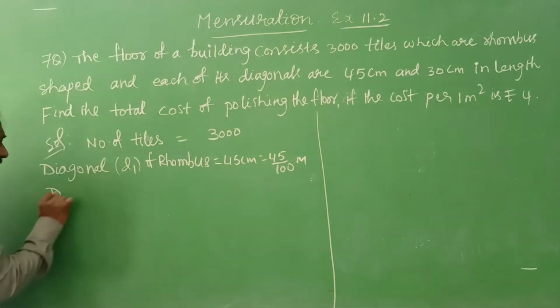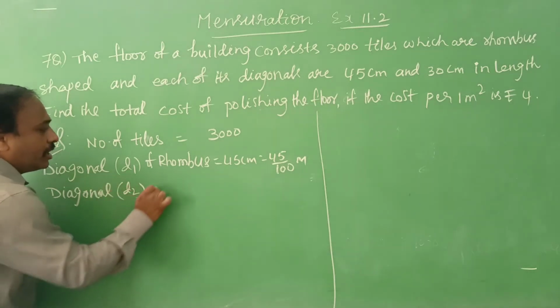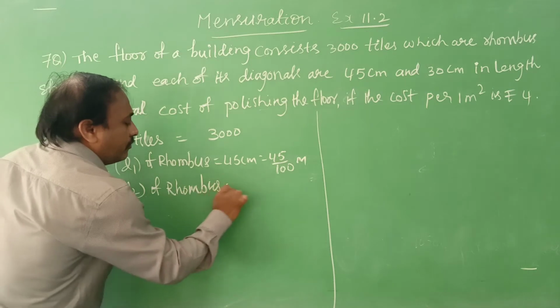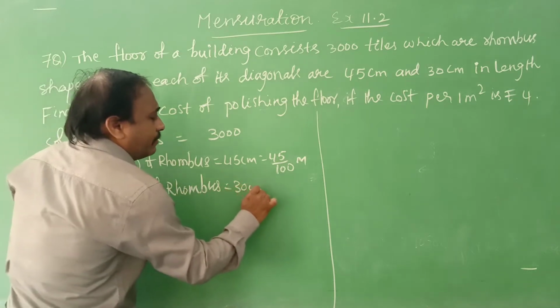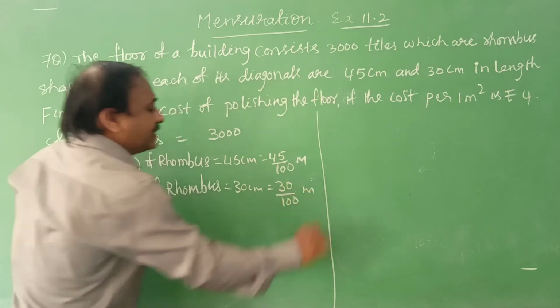Now diagonal D2 of the rhombus, which is equal to 30 centimeter, is nothing but 30 by 100 meters.